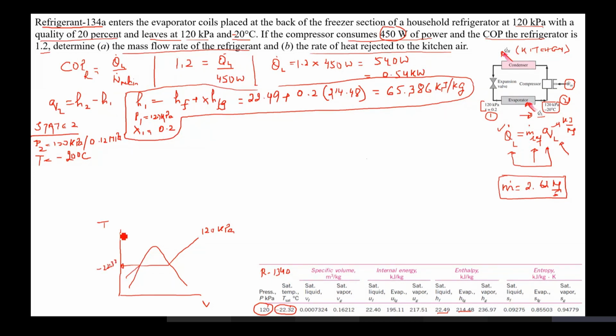The temperature of my system is minus 20 degrees centigrade. This temperature is minus 22.32. Where would minus 20 be? Above this line or below this line? Above. Simple enough. This is minus 20 degrees centigrade.